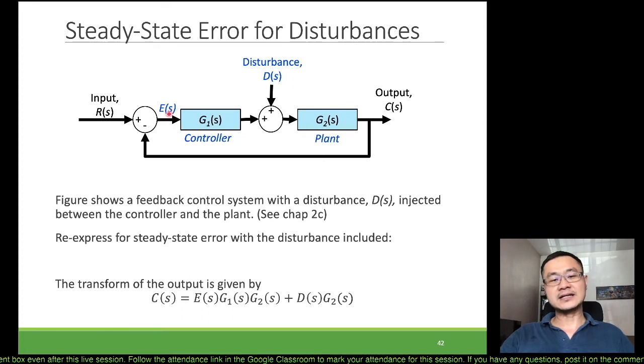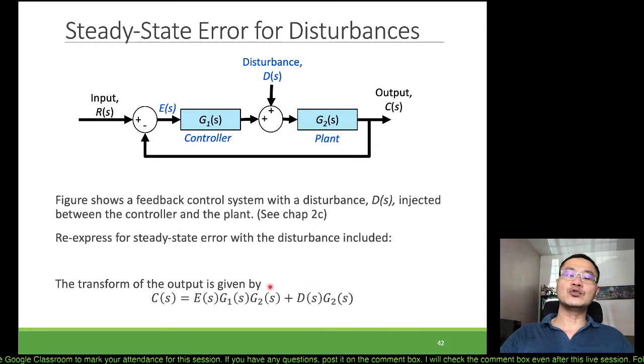This error signal, when we multiply by G1 and G2, produces the output, represented by these terms. Whereas the disturbance, when injected in between the controller and the plant, will be multiplied by G2 and contribute to the output. So the total output is the summation of these two effects.